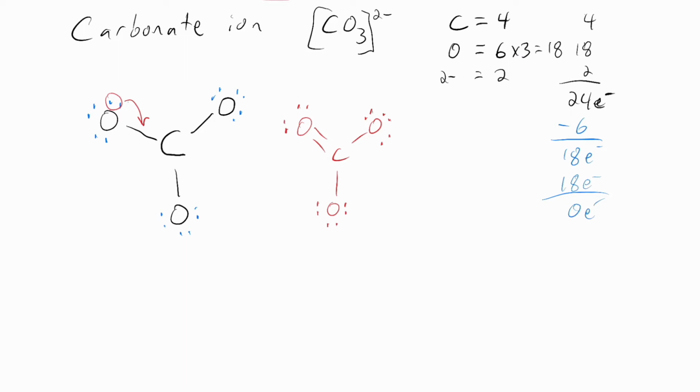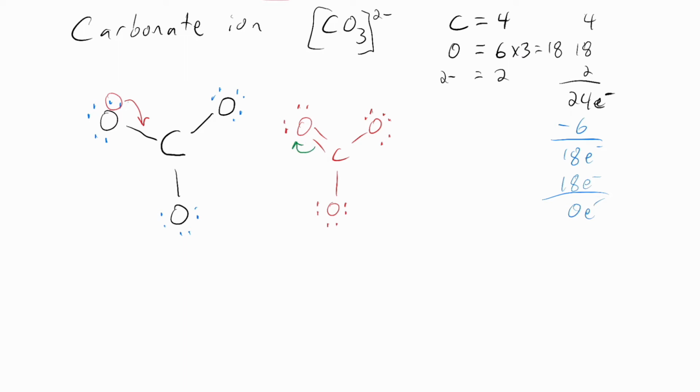Okay, now it's important to realize that with this bonding pair we have here with the double bond, we're going to have all kinds of resonance that takes place in this structure.